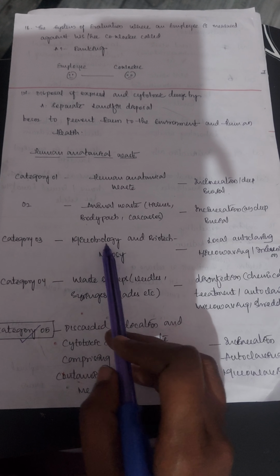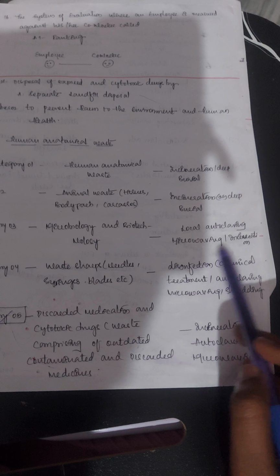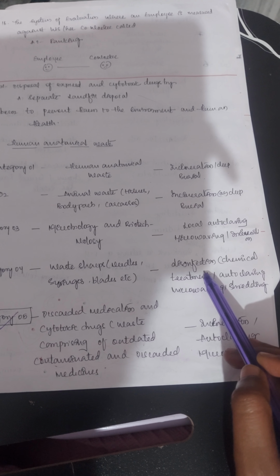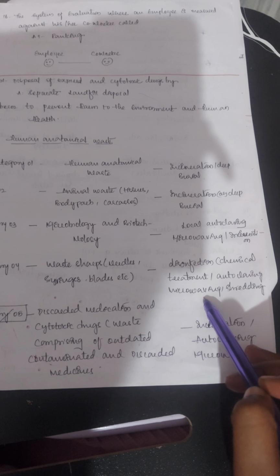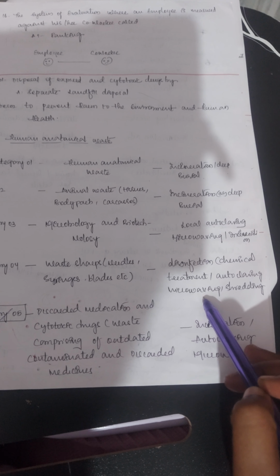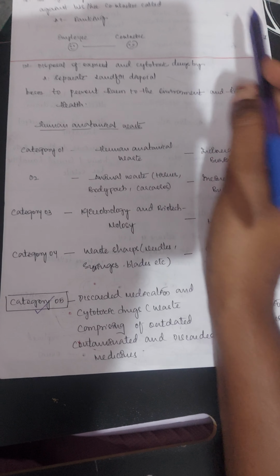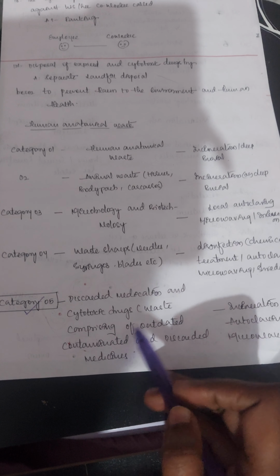Category 3, microbiology and biotechnology waste: local autoclaving, microwaving, incineration. Category 4, waste sharps, needles, syringes, blades: disinfection or chemical treatment, autoclaving, microwaving or shredding. The question asks about category 5, discarded medication and cytotoxic drugs or outdated drugs.